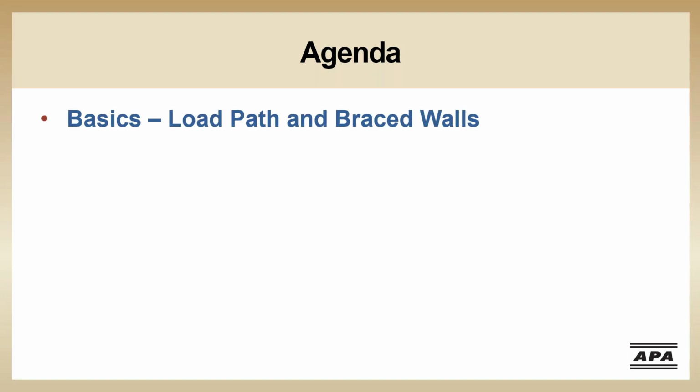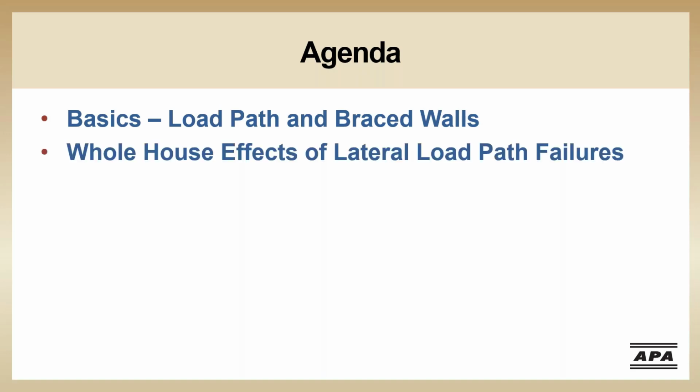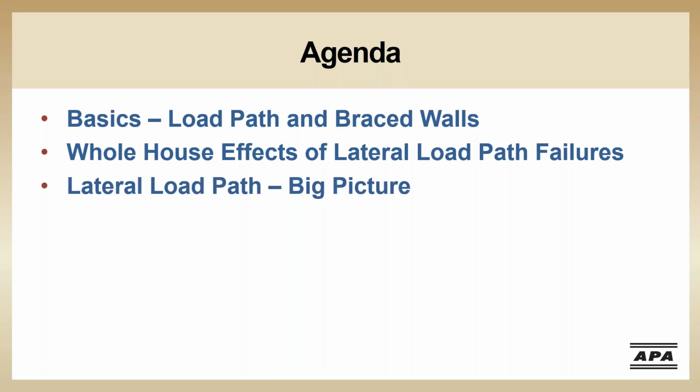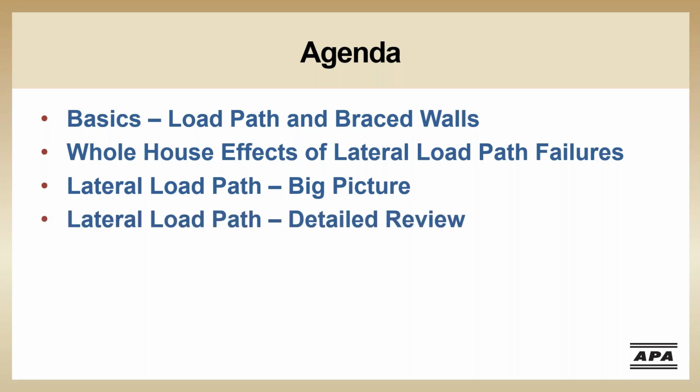We will start with the basics. I will explain what a load path is, and we will talk about how braced walls work. Next, we will look at what can happen to a house when there is a lateral load path failure. And finally, we will trace the lateral load path itself. I will first go through the load path at a high level to give you a general understanding of how the load moves through a wood frame structure.